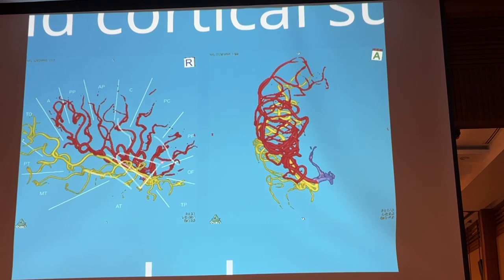So we've got orbitofrontal again, frontopolar, precentral, central, anterior parietal, posterior parietal, the angular branch coming up here, temporo-occipital, posterior temporal, middle temporal, anterior temporal, and temporopolar branches of the MCA.